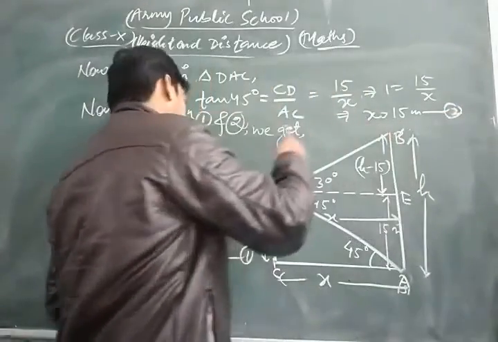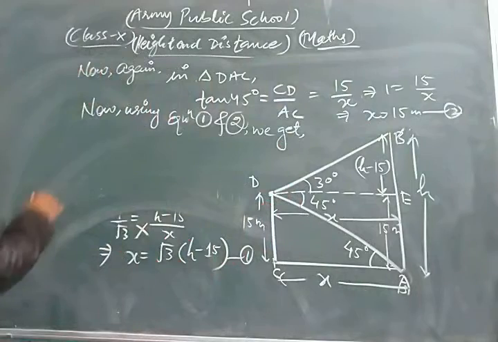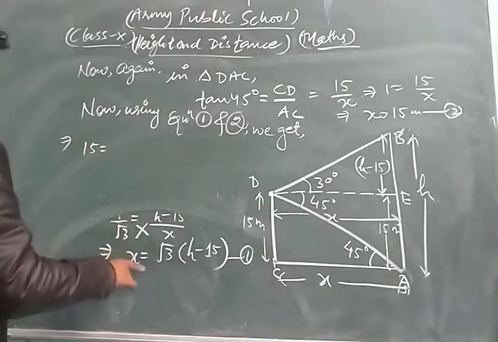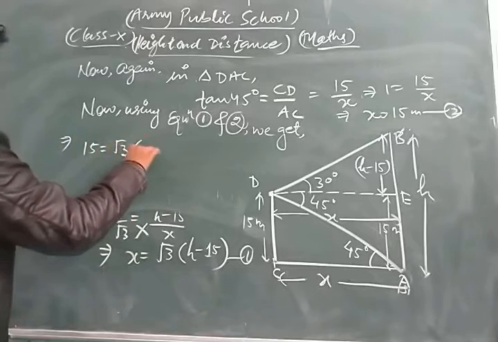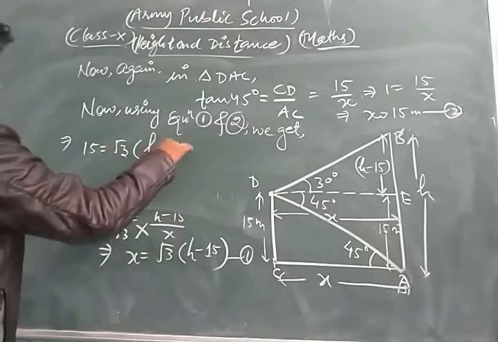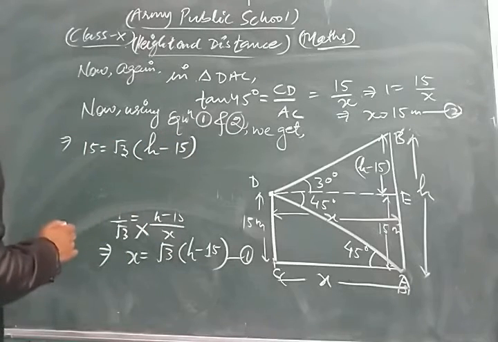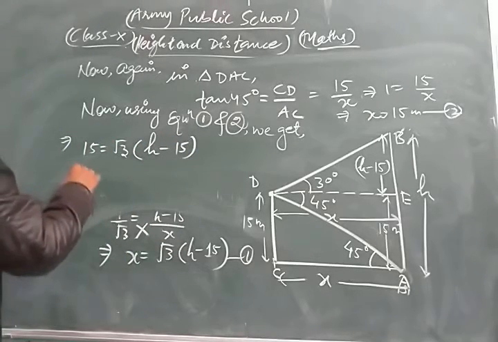Now we just put the value of X in equation first. 15 is equal to root 3 times (H minus 15). Now we simplify them.